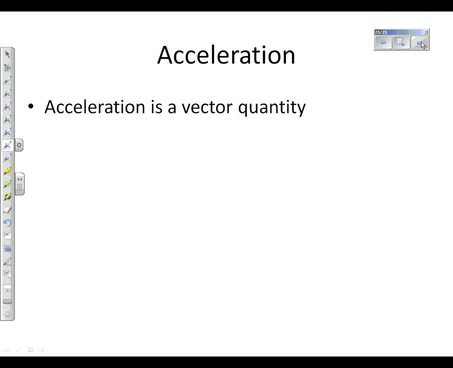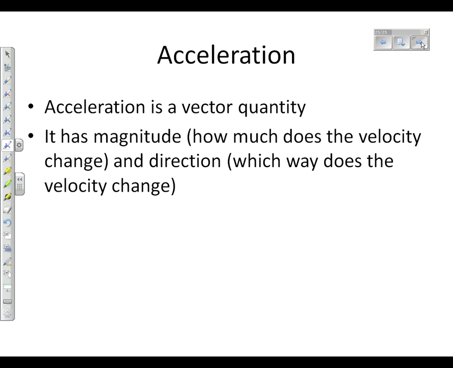In this case specifically, the magnitude of the acceleration is going to tell you how much the velocity actually changes.